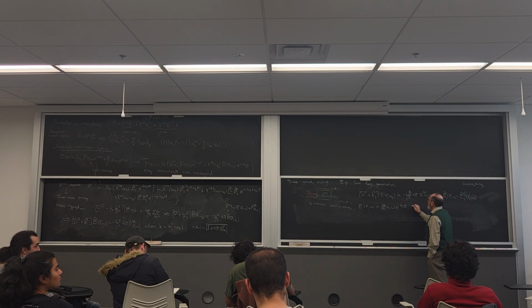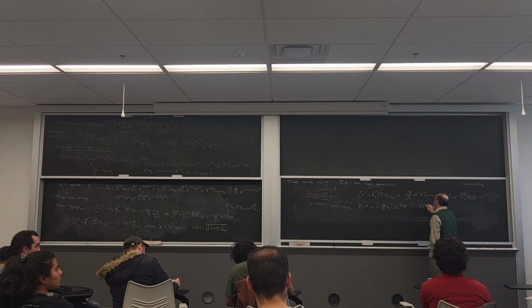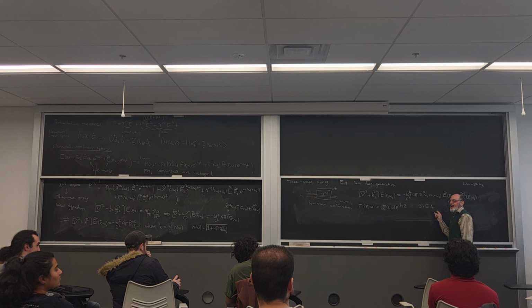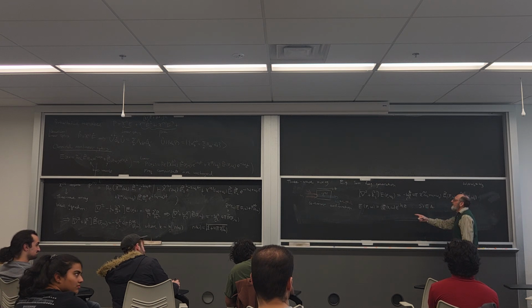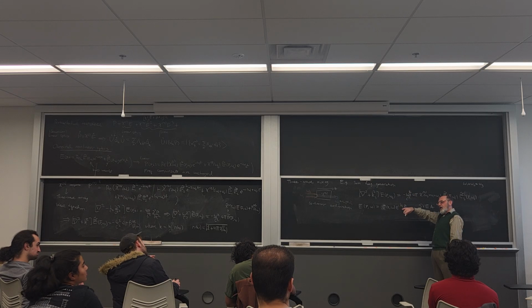Now, the next thing we do is make what's known as the slowly varying envelope approximation, SVEA. This is the envelope of the waves, if I thought about it as a pulse.